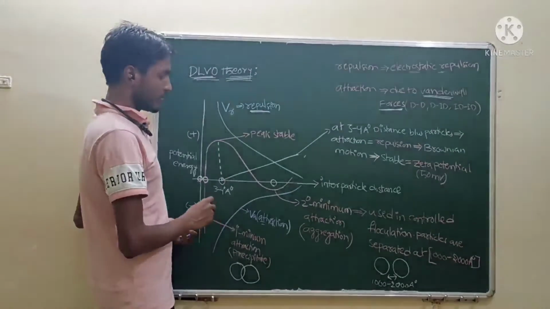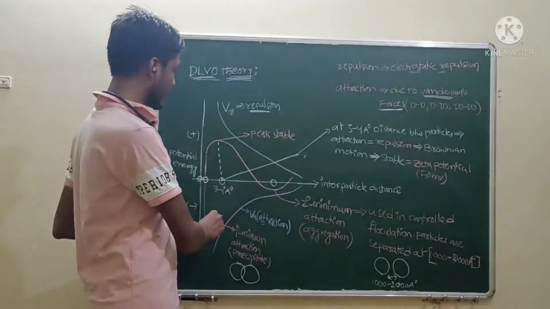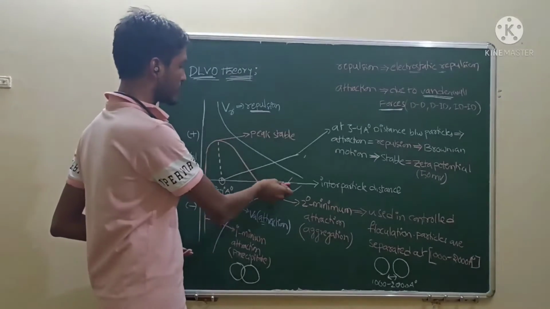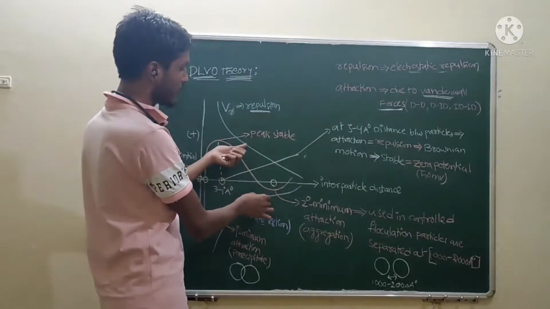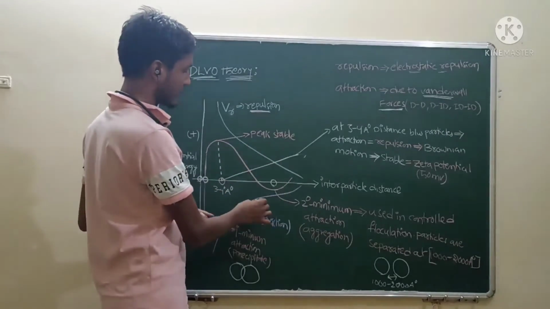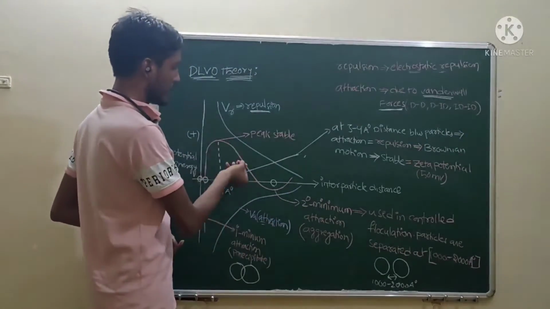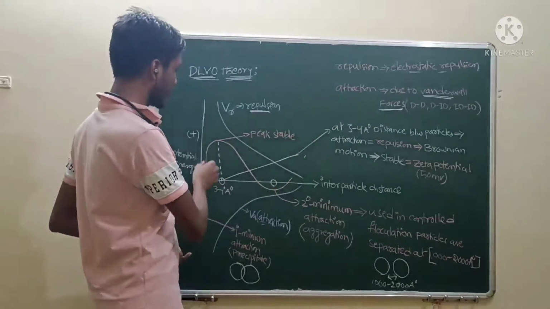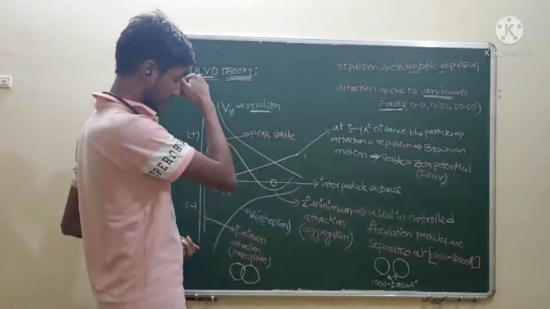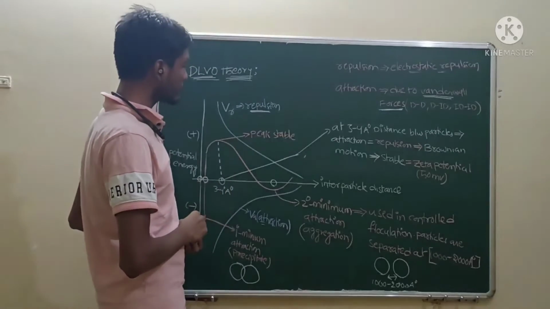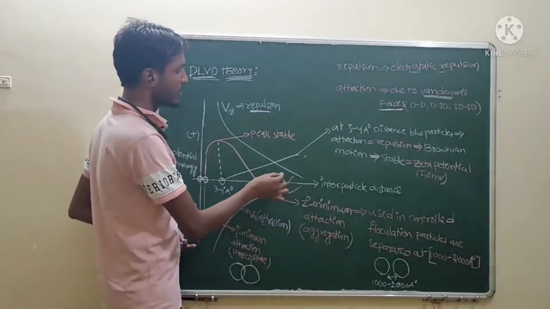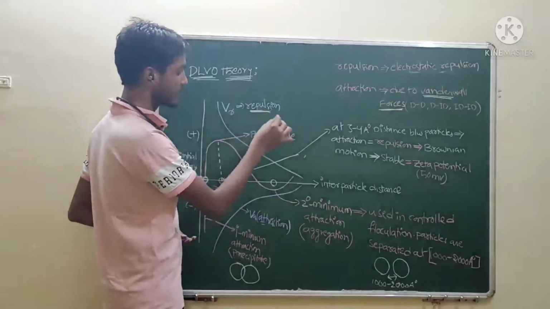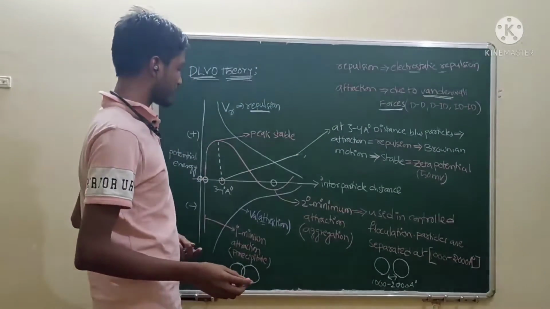Sorry, the net energy line, this middle line, is extracted from the above and below two lines, from the repulsion and attraction lines. This is the net energy curve, extracted from the repulsion and attraction curves.